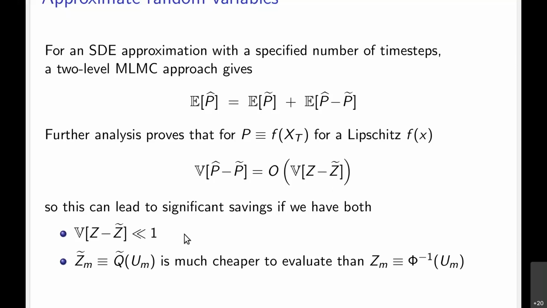And so, as I discussed with the two-level method, you're going to get big savings if the variance of that difference is very small and the Z tilde is much cheaper to evaluate than the true normal Z using the inverse normal CDF. And in practice, you do see that.